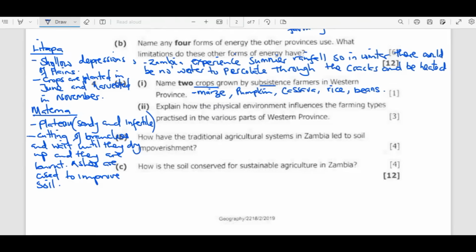And then the other one is what we call Mazulu. So under Mazulu, this one is done on a fertile land.